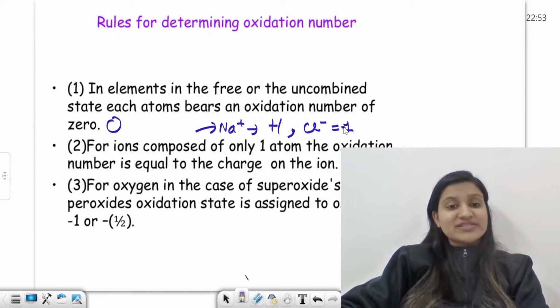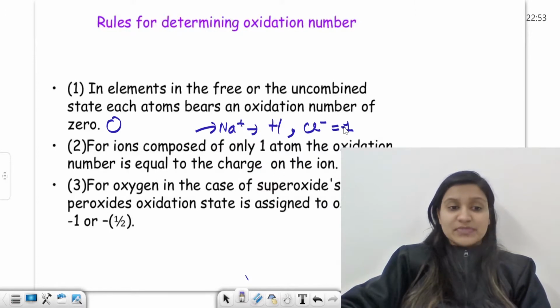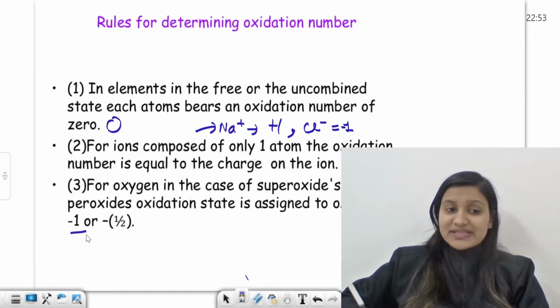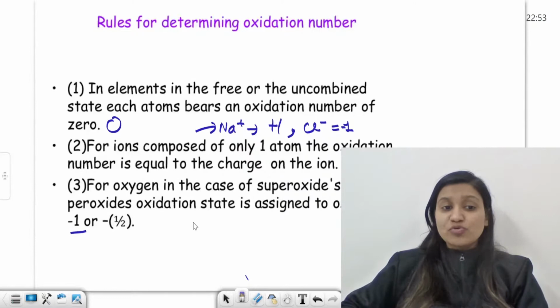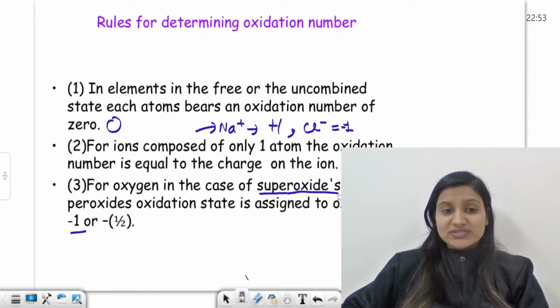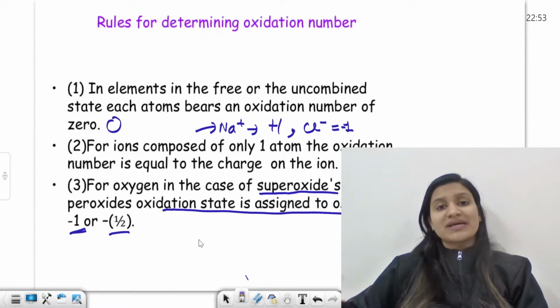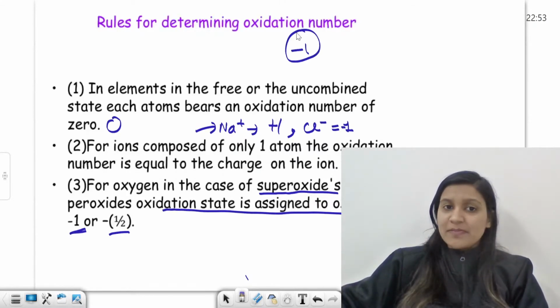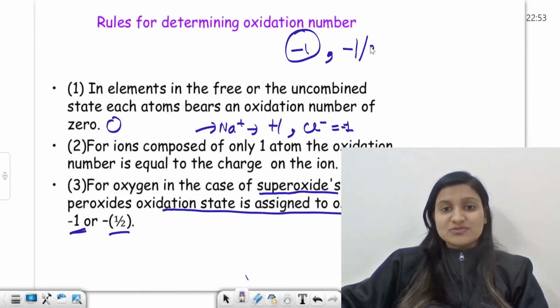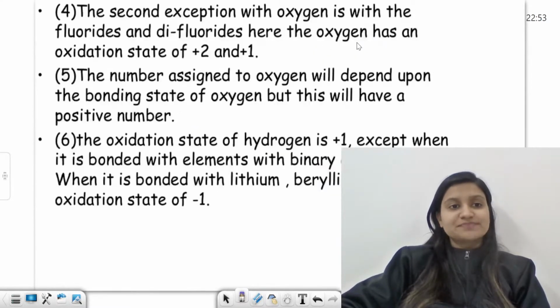So for oxygen, in the case of superoxides and peroxides, as we discussed, in the case of peroxides the oxidation state will be -1. In the case of superoxides, oxidation state is assigned to oxygen as -1 or -1/2. Let's move ahead.